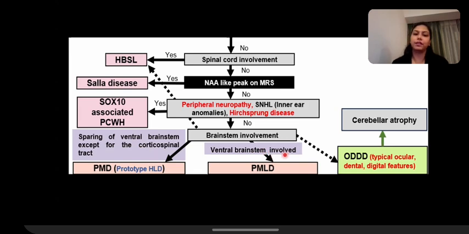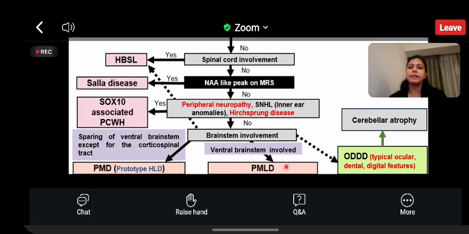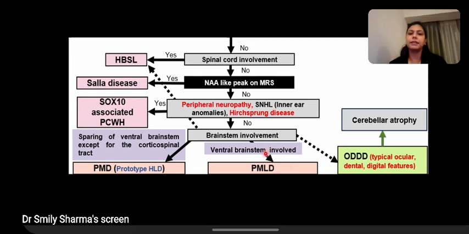And if the ventral brainstem is also involved, that is PMLD. So this is a very complex algorithm, but while you are reporting, you can keep this algorithm with you and try to fit in each so that you can reach a diagnosis.